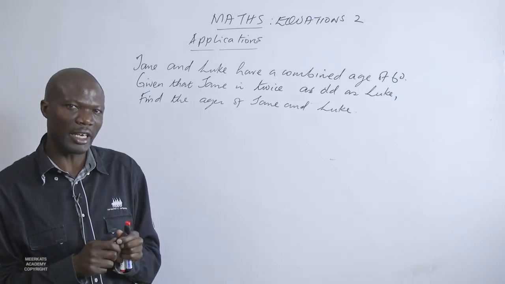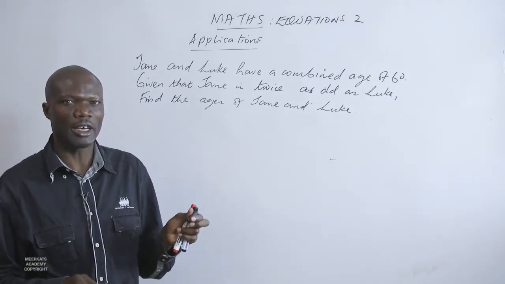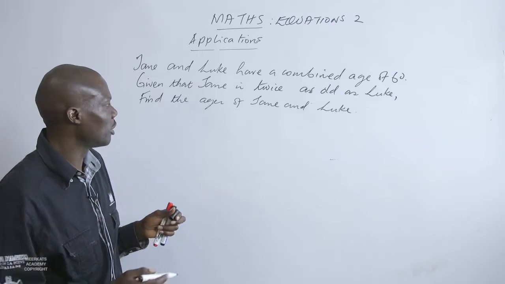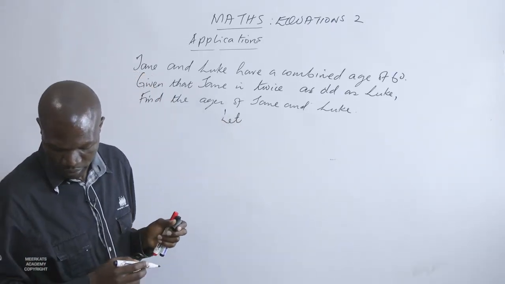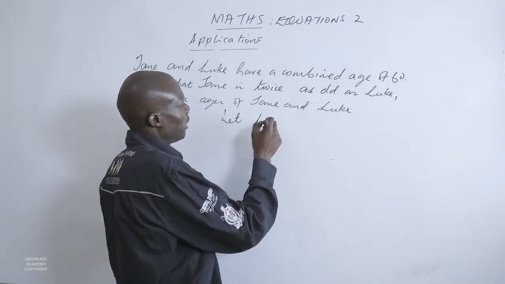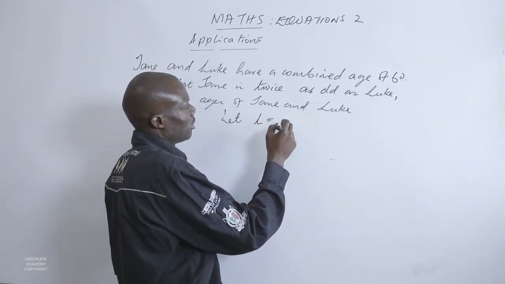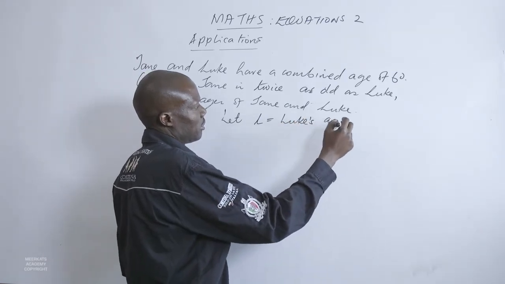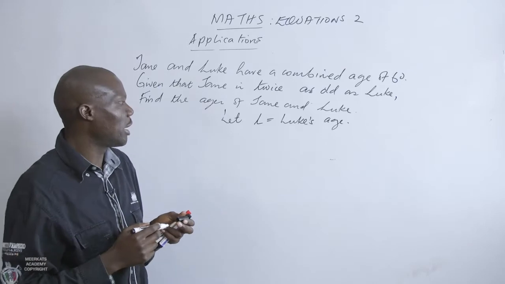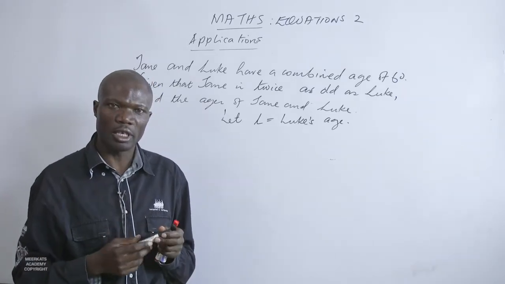So let us assign the unknown Luke a value. Let L be Luke's age.